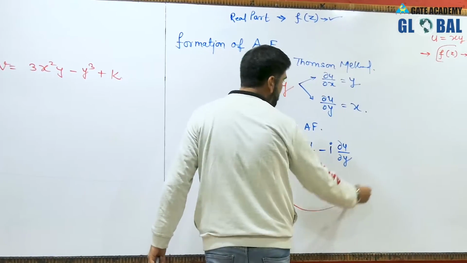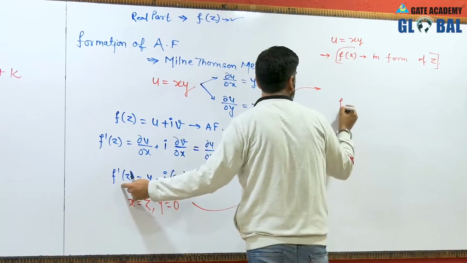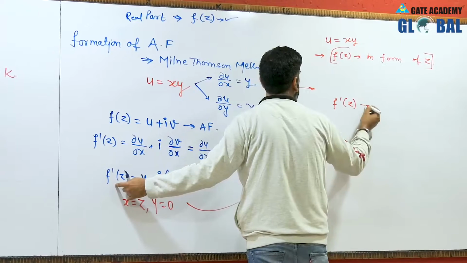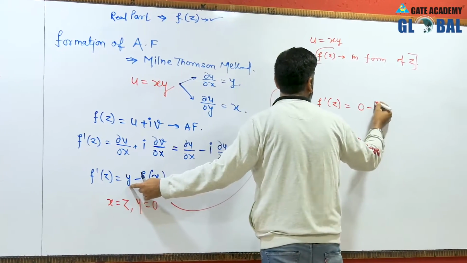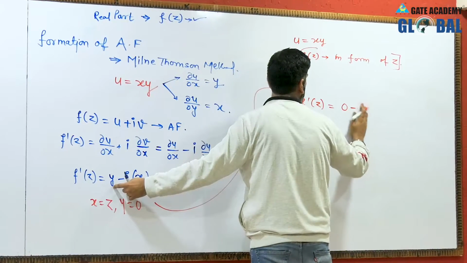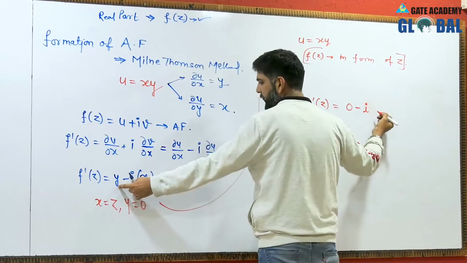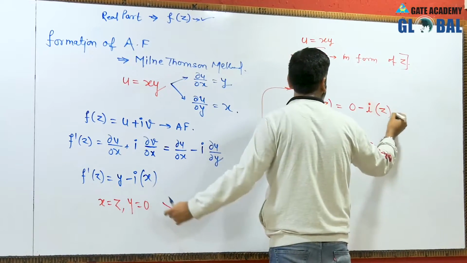By putting x equal to z and y equal to 0, f dash z is equal to 0 minus i, not the vector, it is simple i, and x is nothing but z.